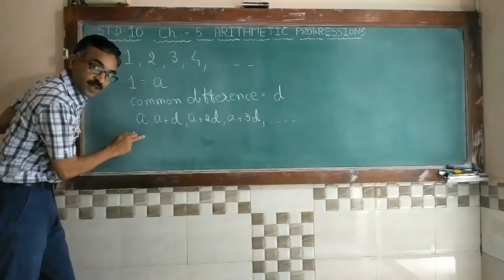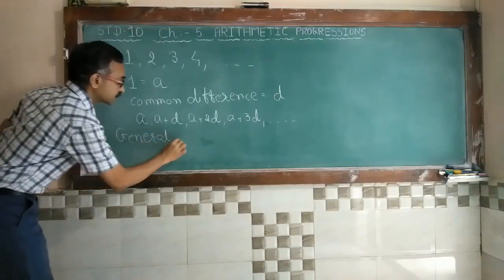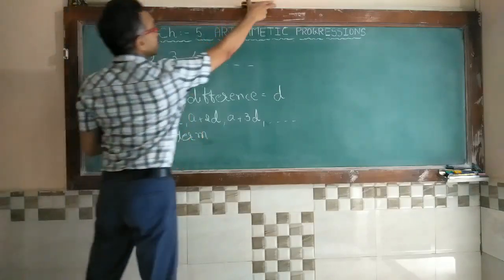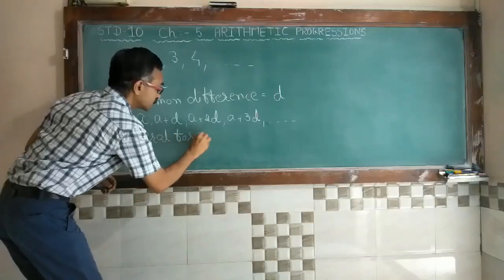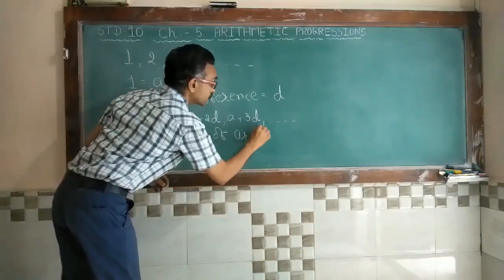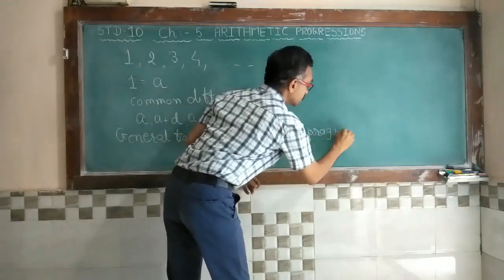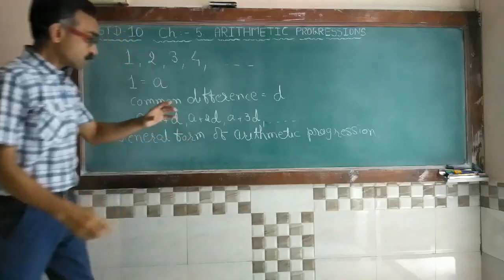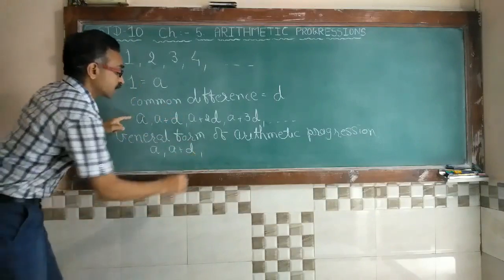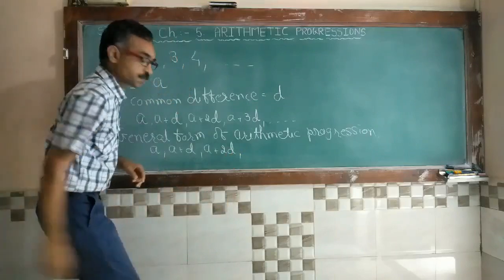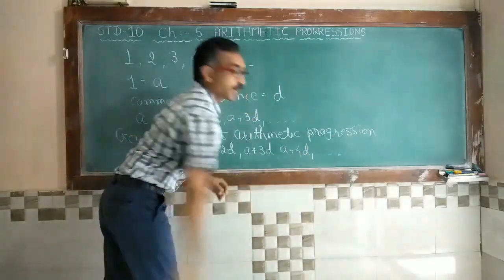The general form of arithmetic progression is a, a plus d, a plus 2d, a plus 3d, a plus 4d, and so on.